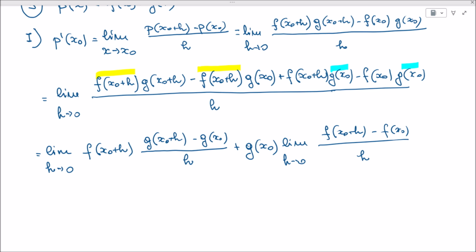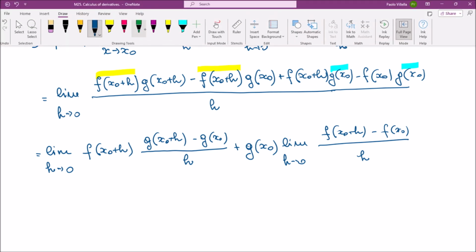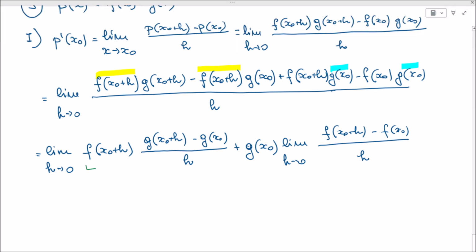And we can now easily recognize that in the first limit this will tend to f of x naught when h goes to 0. This instead will tend to g prime of x naught.